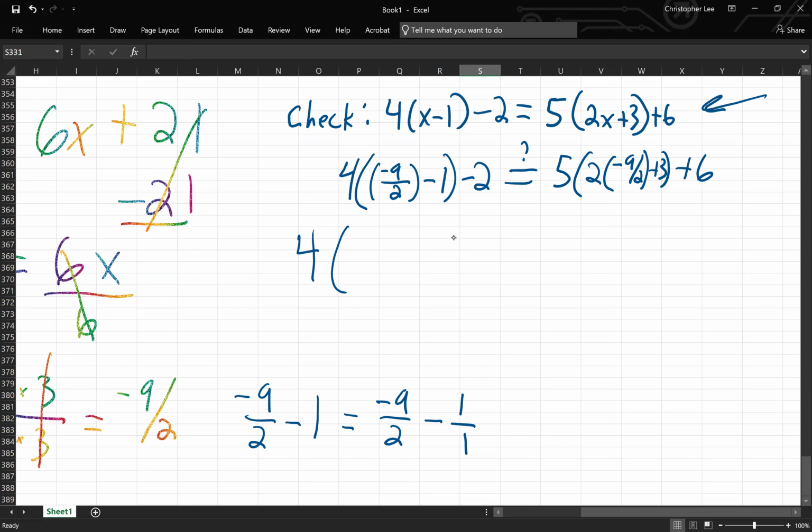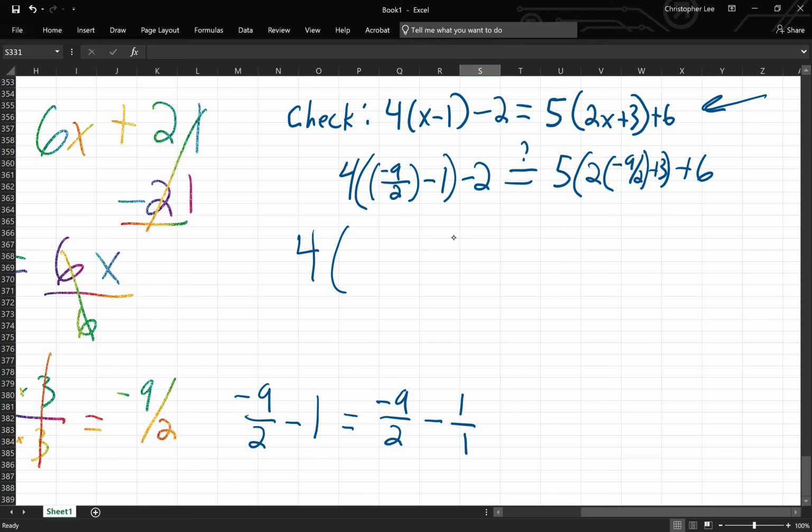You remember that 1 is the same thing as 1/1, so this becomes -9/2 minus 1/1. Now, in order for me to subtract two fractions, I have to have the same what? Not variable, the same denominator, right? So what would be the LCD here? In other words, I want the bottom number to be the same, right?